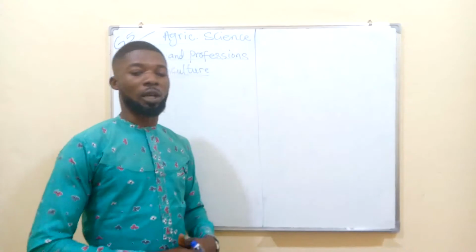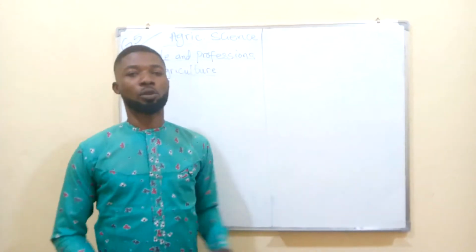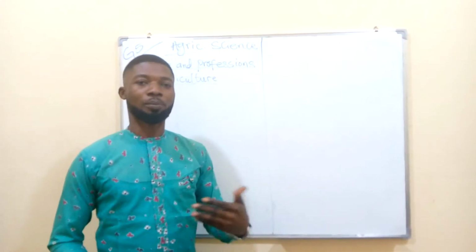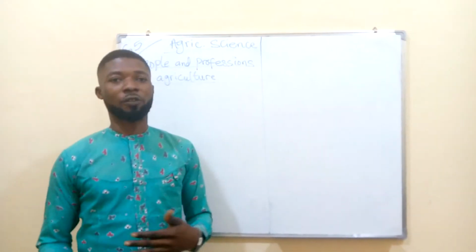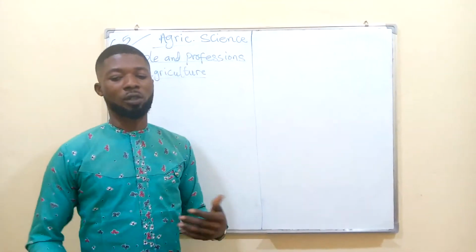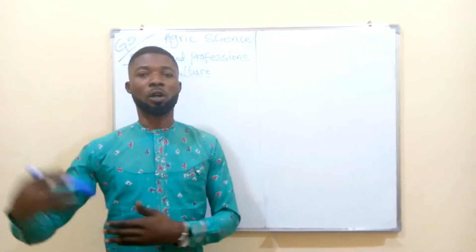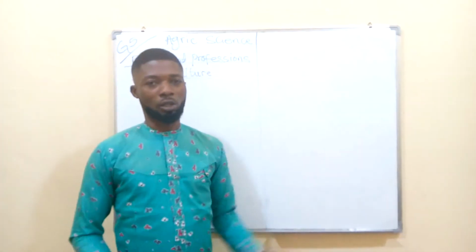Alright, in our previous class, we were able to look at marketing of farm produce. And we said that marketing of farm produce covers all the services involved in moving agricultural produce from the farm to the consumers.